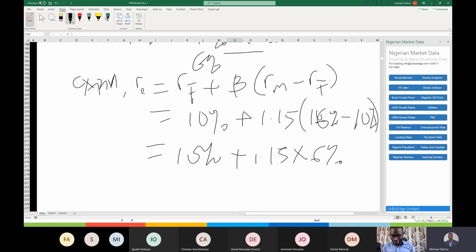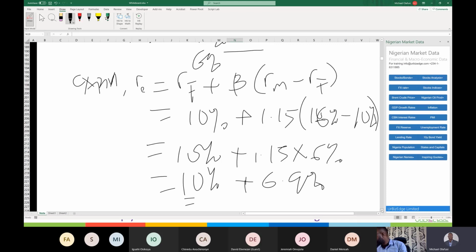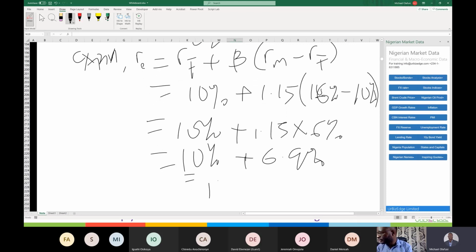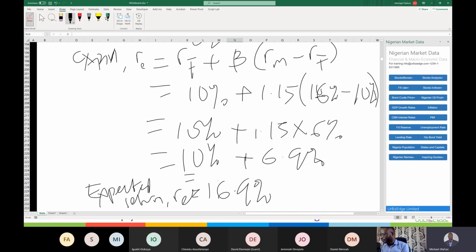I'm using a calculator now because it will be faster for me. 1.15 times 6%, that's 6.9. So this is equal to 10% plus 6.9%. So if you are going into that business, then automatically you will say your cost of capital, your expected return is 16.9%.